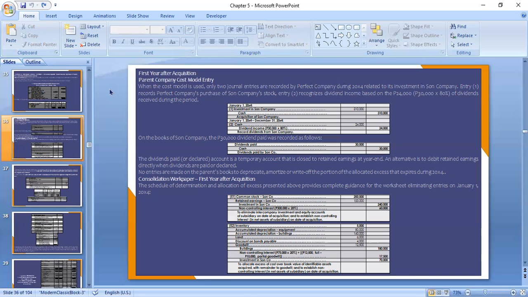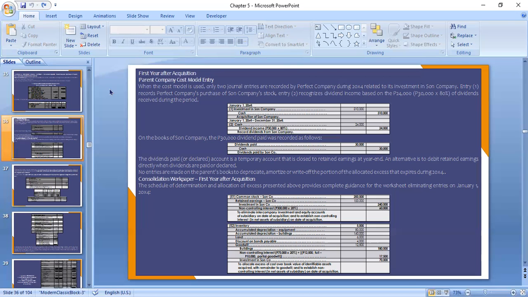We have now the second entry, debit to inventory, and then debit to accumulated depreciation for the equipment and for the buildings, debit to land, discount on bonds payable.